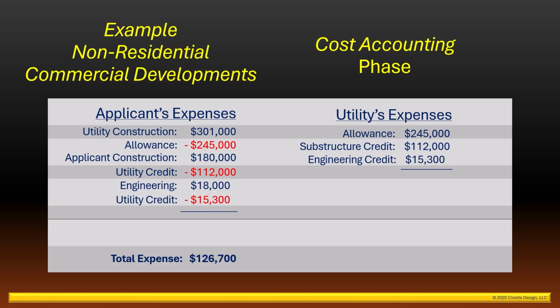The utility's total expense, $372,300. As we talked about in Part 1, Rules 15 and 16 are designed to distribute the costs of projects like this one. The applicant benefits by not paying the entire cost of construction required to receive power, and the utility expands the distribution system and collects revenue for many years to come.